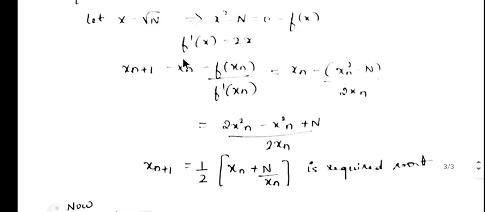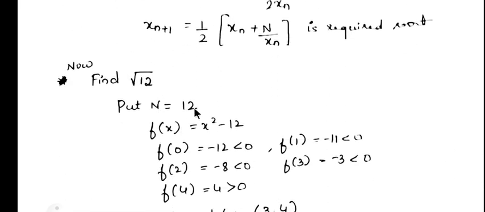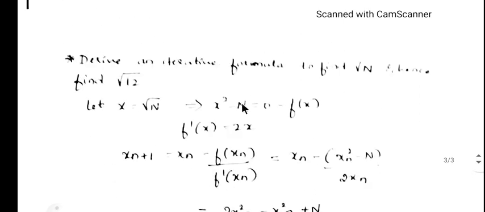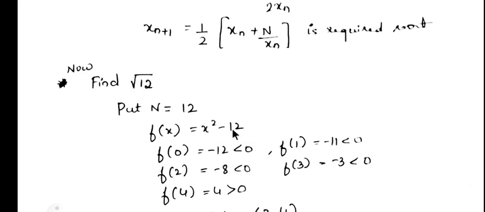Similarly, as we have done here, let n is equal to the number, that is 12. f of x is equal to what? x square minus 12. Here x square minus n is there, here in place of n we have the number, therefore x square minus 12. Now find the value of a and b.